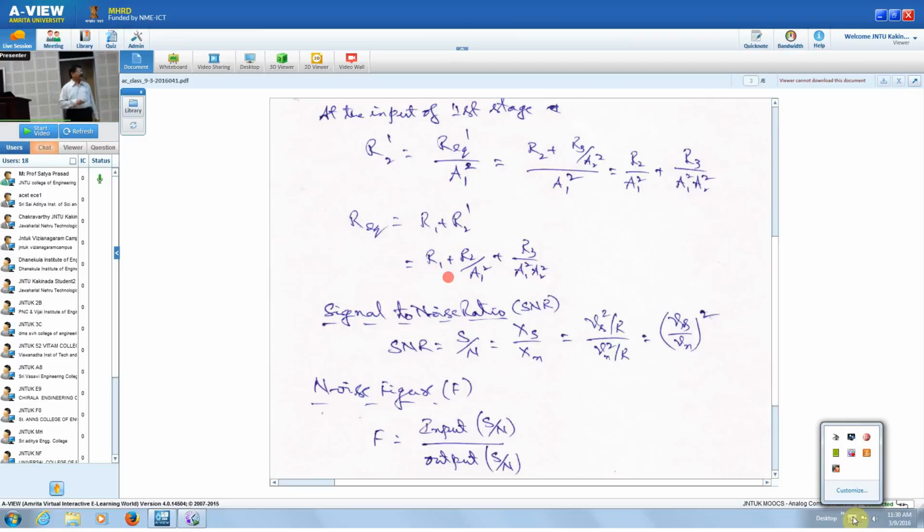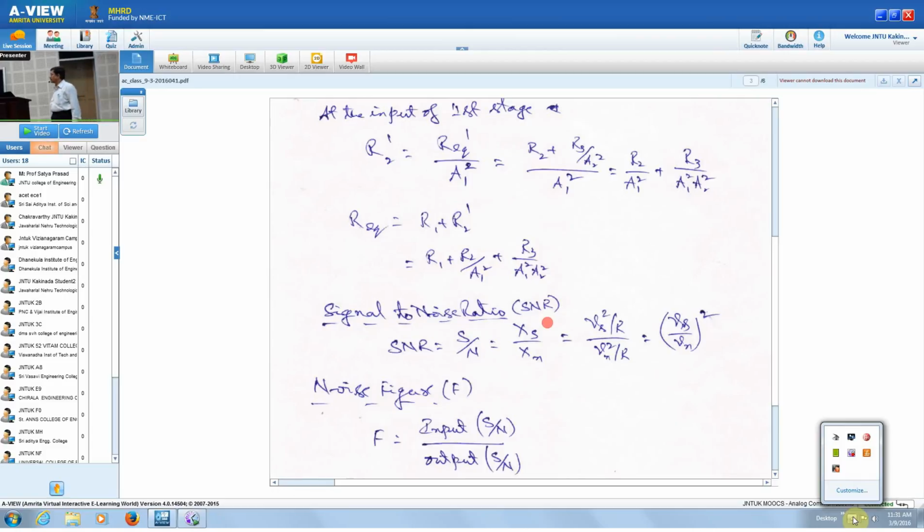Then we will be having another term, which is the signal to noise ratio, or S by N, or simply called SNR. The signal to noise ratio is S by N. This is the average signal power by average noise power.